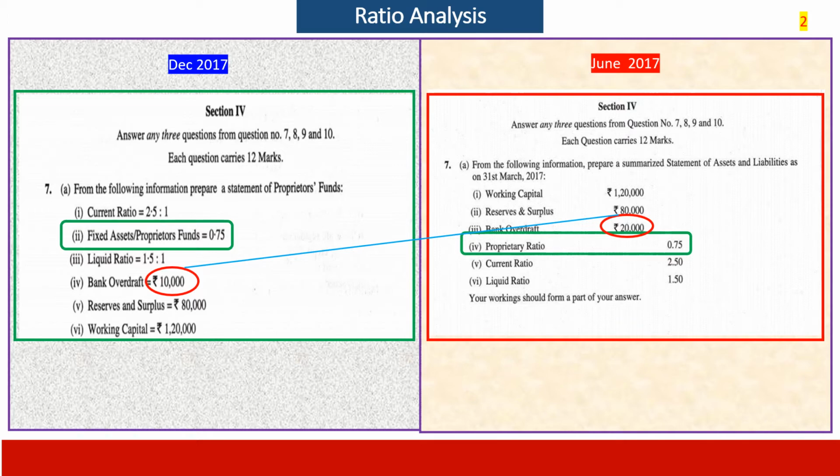Since this leads to the proprietary ratio, it is timely that we refer to our video on the concept and take out the explanation and inference in respect of the proprietary ratio, which is followed in the next slide.